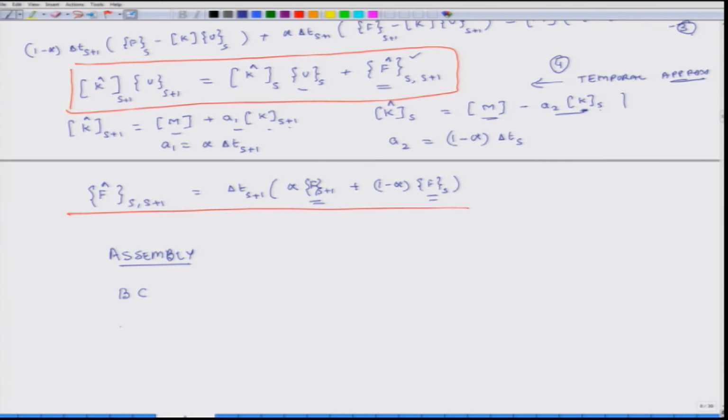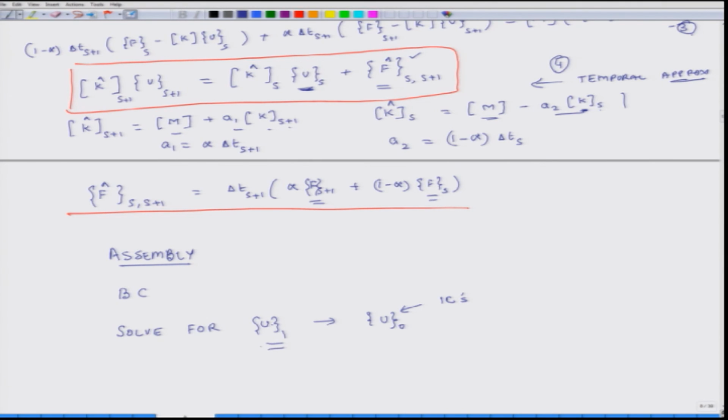I start solving for U at the first time step. For that I have to know U at 0, otherwise if I do not know this, then I cannot solve. So, this information comes through initial conditions. Okay.